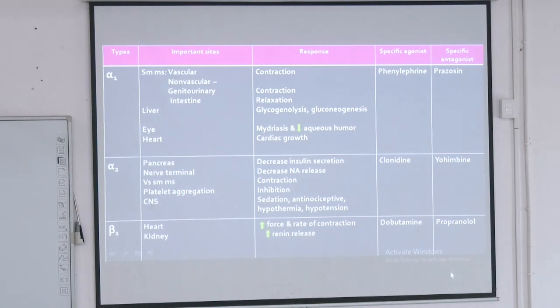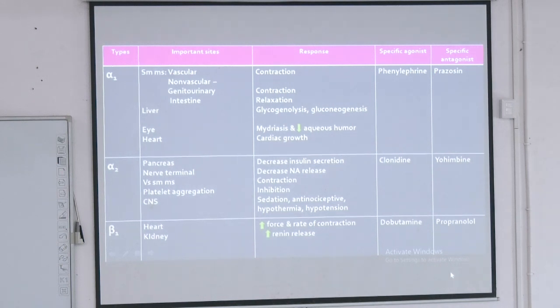In case of female, what will happen? It depends on the type of receptor and stage of the organ, uterus, whether it is non-pregnant or pregnant. Usually alpha will cause stimulation or contraction of the uterus, and beta will be relaxation.